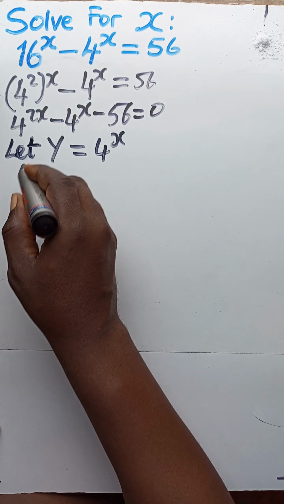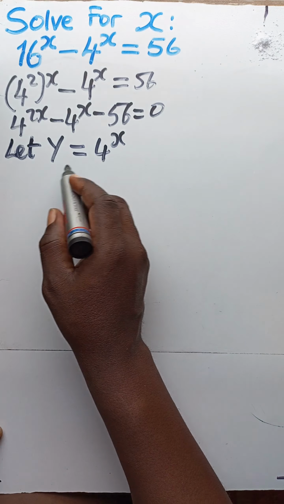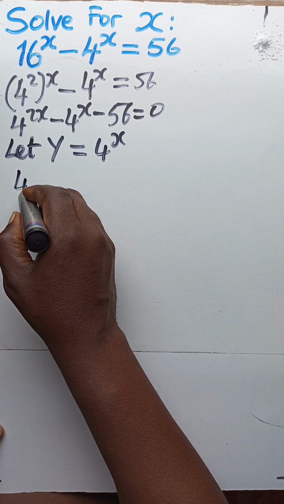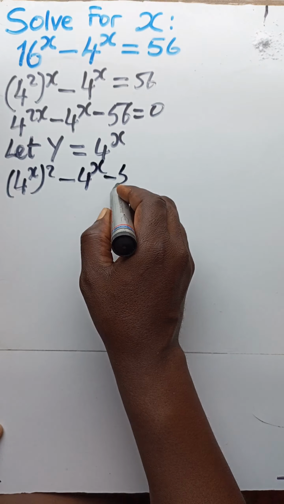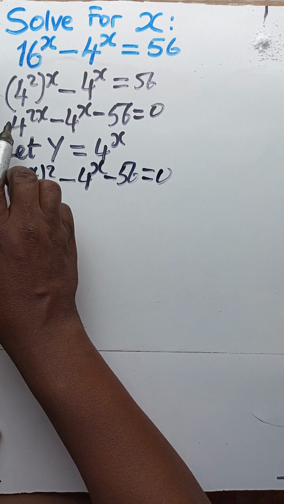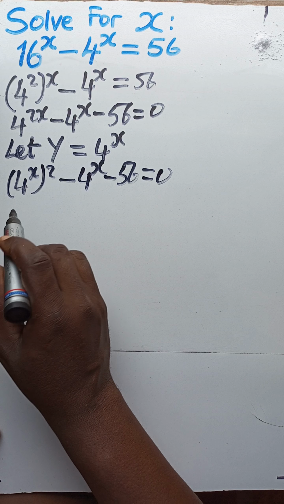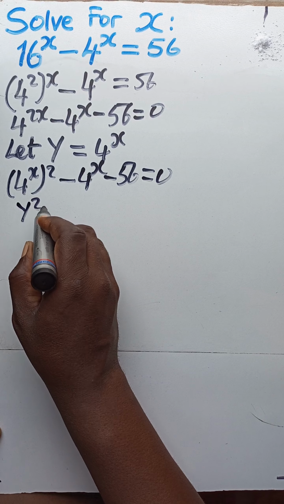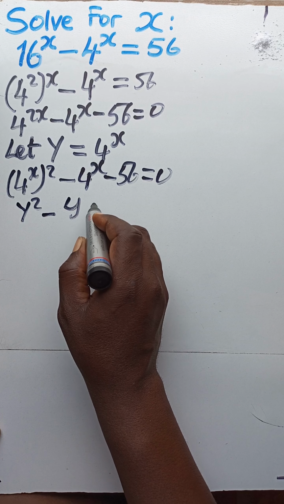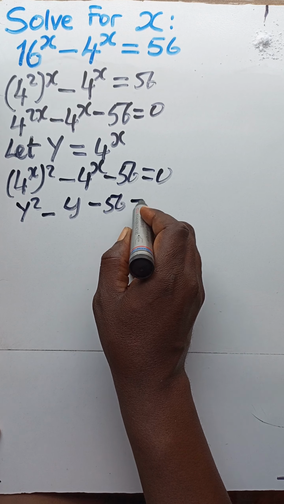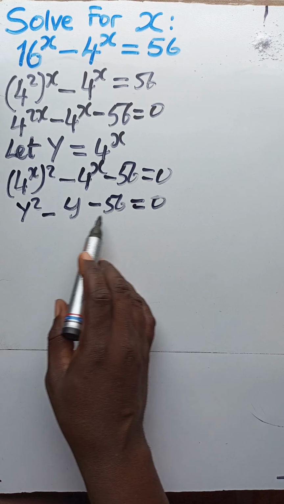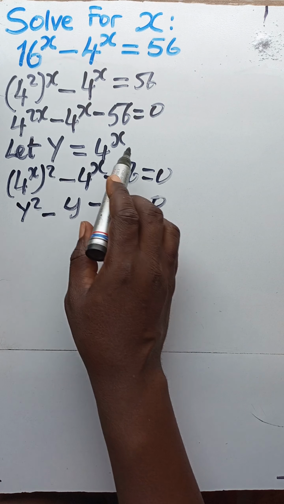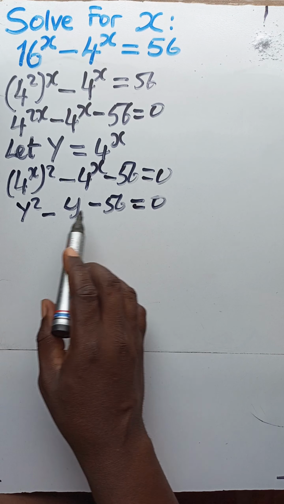If that is done, this is 4 to the x squared minus 4 to the x minus 56 equals 0. 4 to the 2x is the same as 4 to the x squared. So we just have y squared minus y minus 56 is equal to 0. So here is a quadratic equation when we make this substitution. So it comes out very clear here.